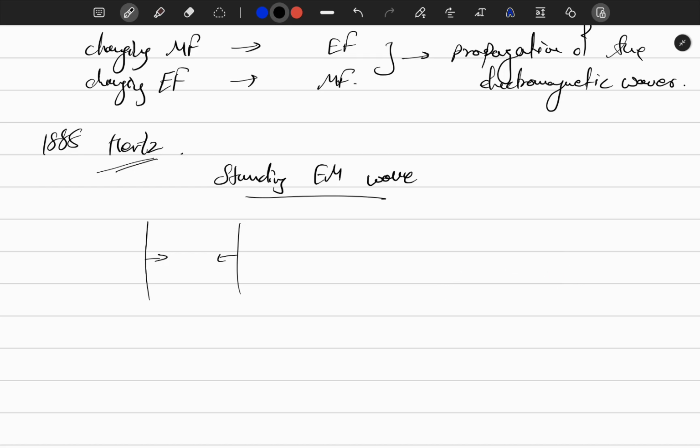So he could calculate the wavelength, and knowing the frequency he showed that the speed of electromagnetic waves was the same as the speed of light. Using a collimated electromagnetic wave reflected by metal sheets, he could also demonstrate the laws of reflection.